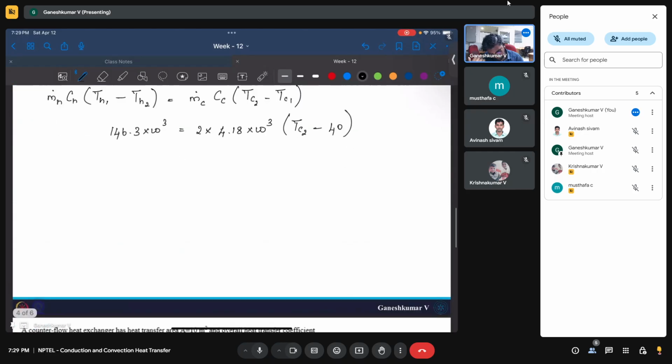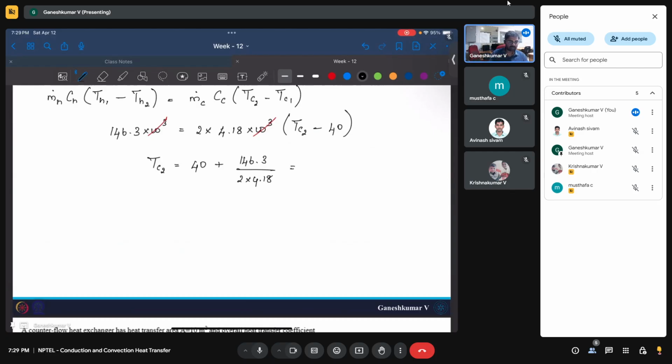Can one of you quickly calculate and let me know what these numbers are? TC2 will be 40 plus 146.3 divided by 2 into 4.18.